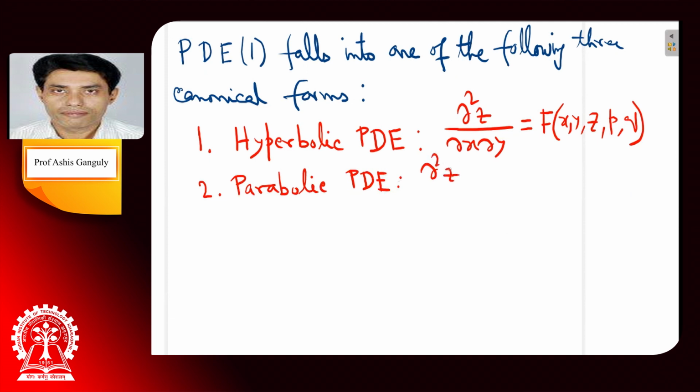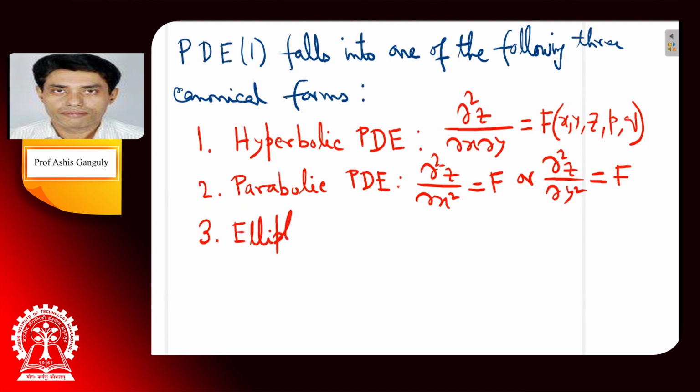It is del square z del x square equal to some function f, or maybe del square z del y square equal to f. Both are canonical forms of our parabolic PDE. And the last one is elliptic PDE, which is del square z del x square plus del square z del y square equal to some f.